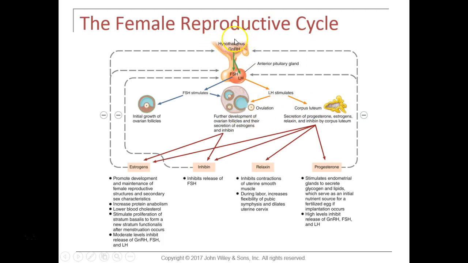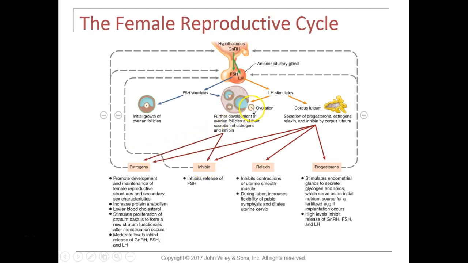So the hypothalamus produces gonadotropin releasing hormone, which stimulates the gonadotrophs to release FSH and LH. FSH induces the development of the follicles. The follicles themselves and the cells around the follicle, before ovulation occurs, is where the estrogens and inhibin comes from.